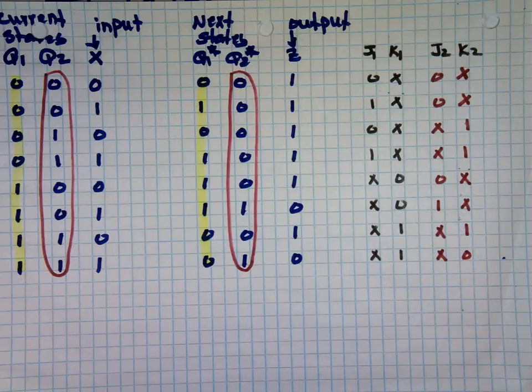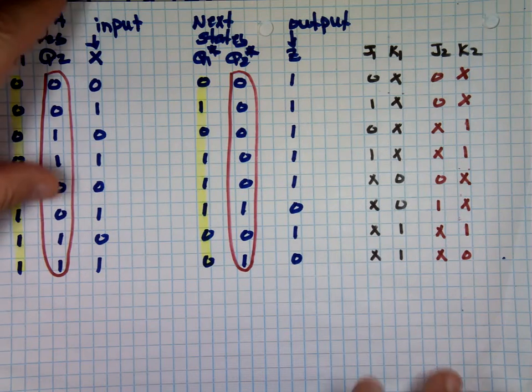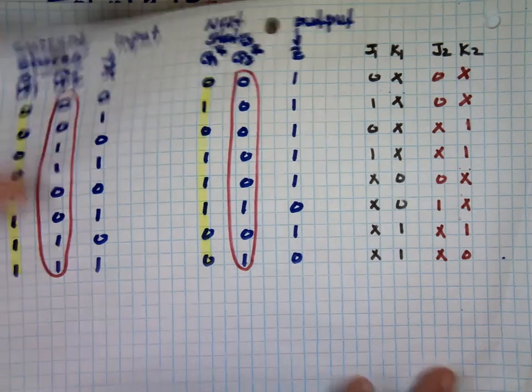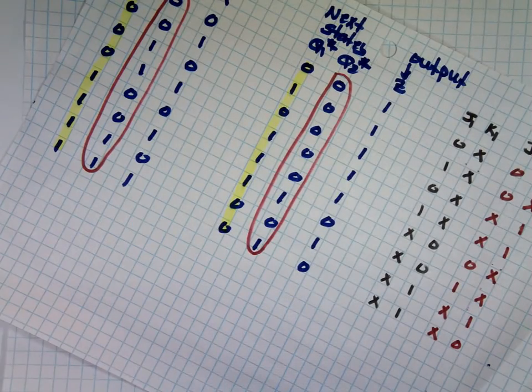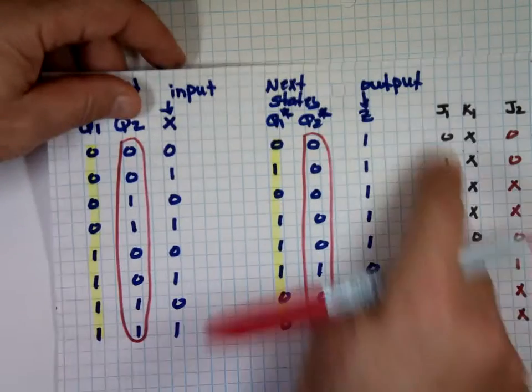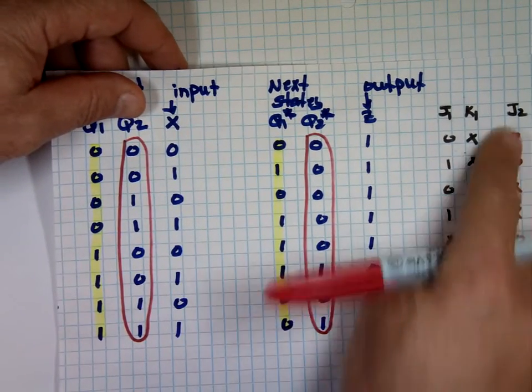We got time. So let's do a Kmap. Kmap for the first one, we'll do J1, then we'll do K1, then J2 and K2. Well, you know what? Let me save that nice sheet.